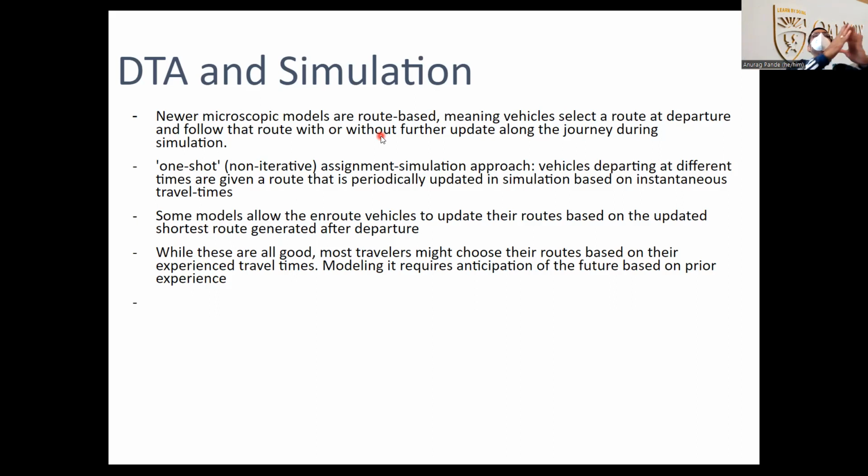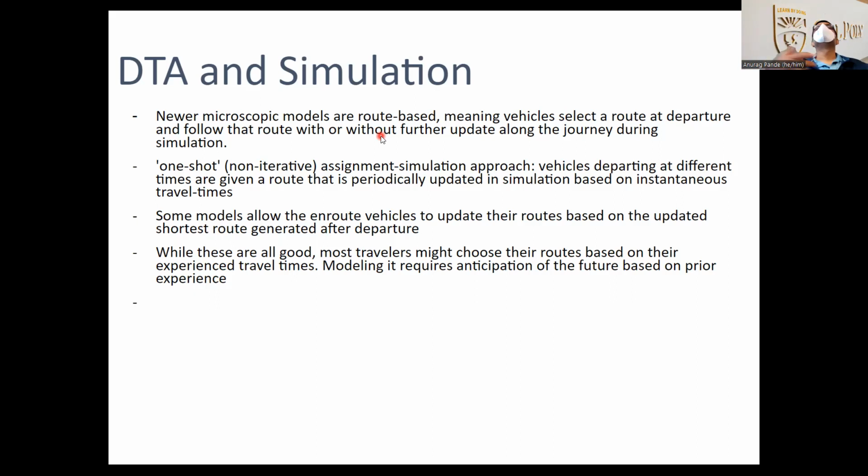You define your zones, origins and destinations and all that, and you assign certain routes to traffic, like, okay, these are my primary routes. You don't assign the exact flow that goes into each of those routes. You just say, from this OD pair, this is the demand, and you route it for them in simulation.